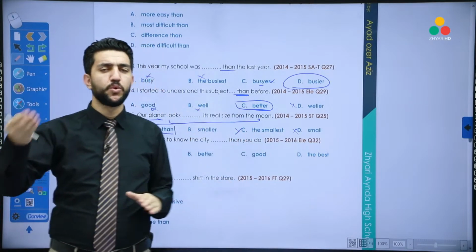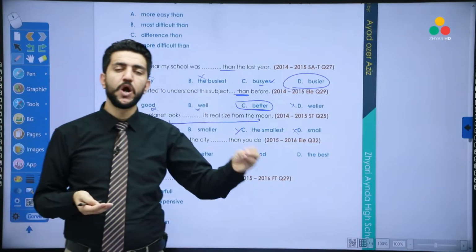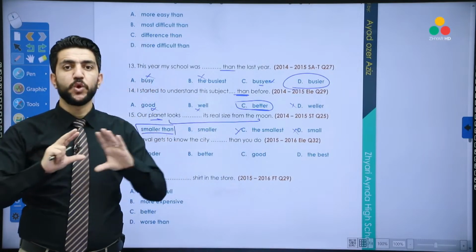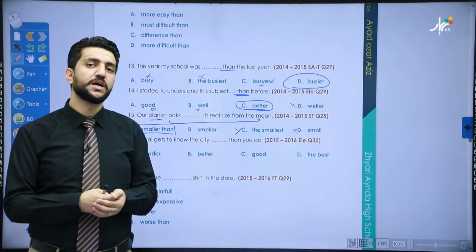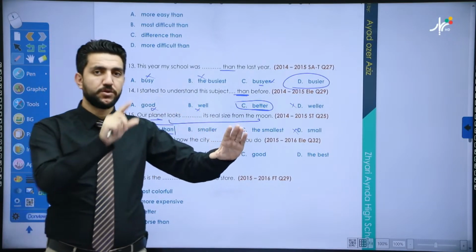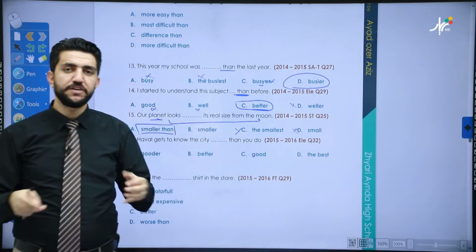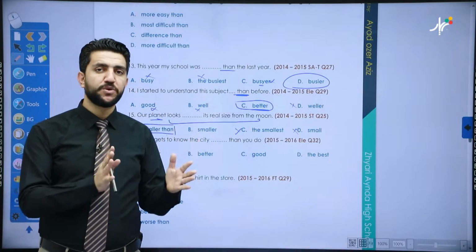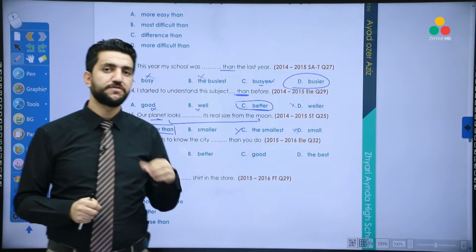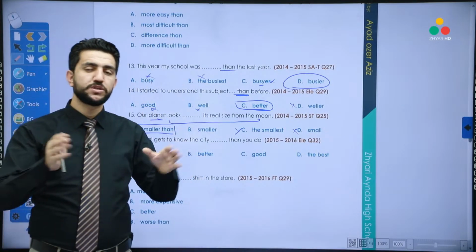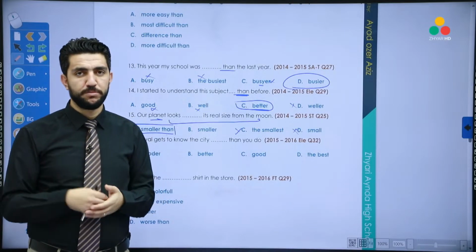For two-syllable or longer words, we add more or less. With comparative, we always have the word than, usually after the blank. For superlative, we use the before the blank, and we use EST for one-syllable words, and most for two-syllable or longer words.